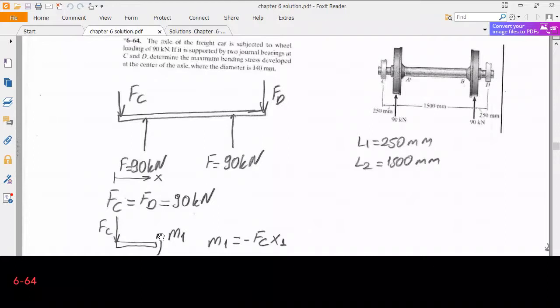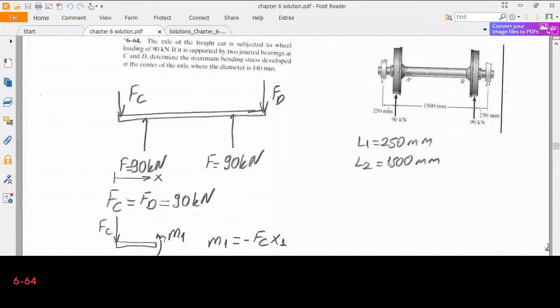I choose the bending moment in a manner that the Z coordinate is out of the screen towards us. In fact, according to the right hand rule, this gives us the moment in this direction.